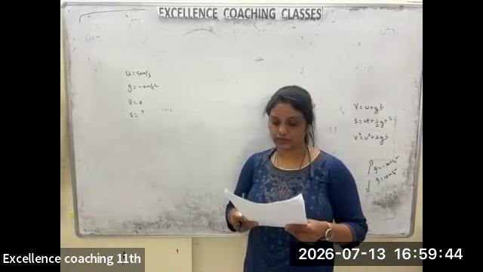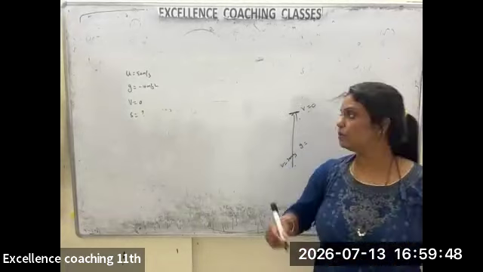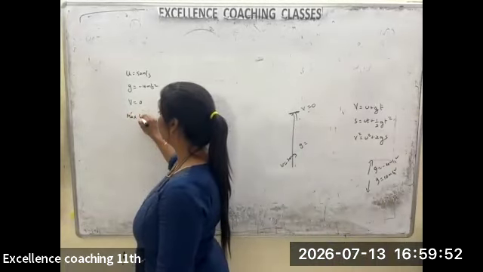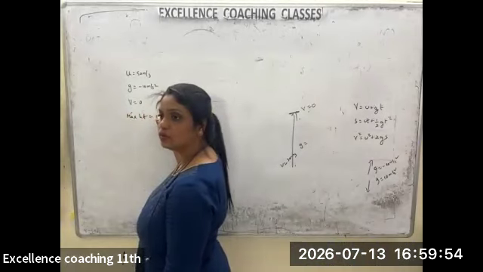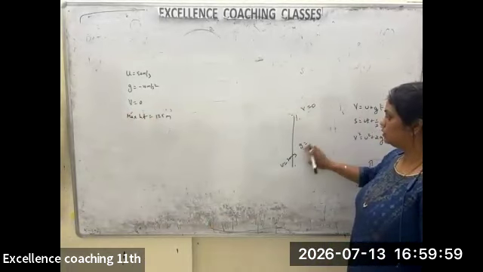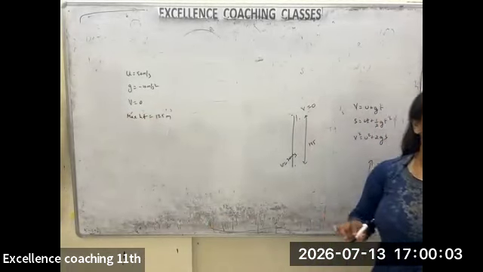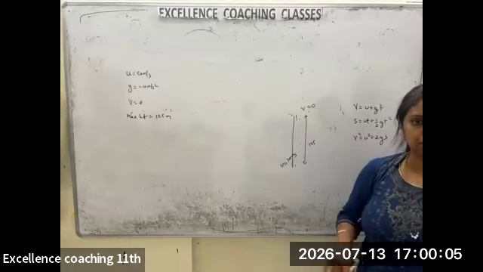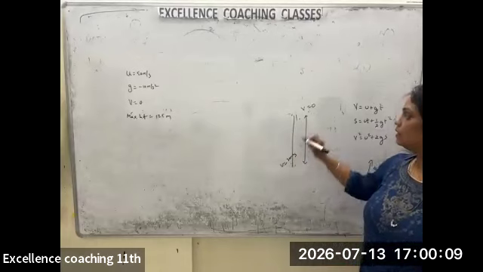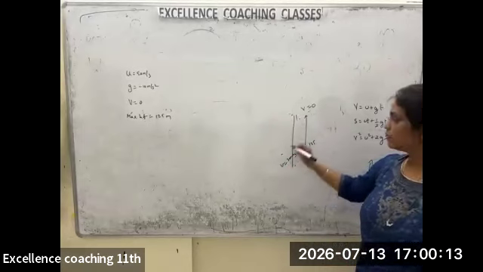What is the second question? It is the velocity at half the maximum height. What is your maximum height? This is your maximum height, right? What was it? 125 meter. Now it is asking you to find the velocity at half the maximum height. Initial velocity you know is 50 meter per second. Acceleration due to gravity is again -10.